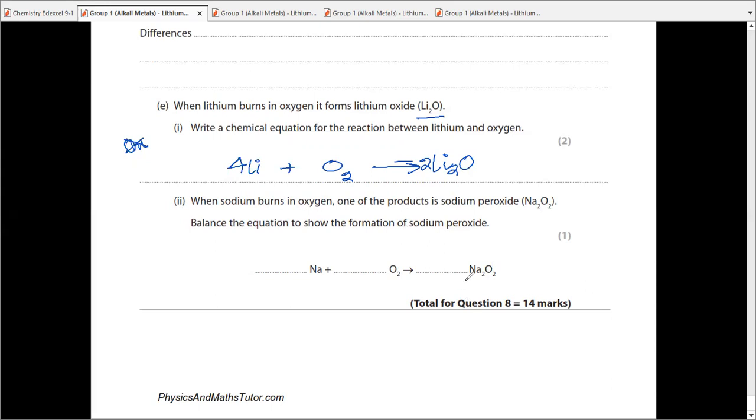Okay, so here we have 2 sodium. At the first one, we'll add sodium as 2 because over there it's 2. Good.